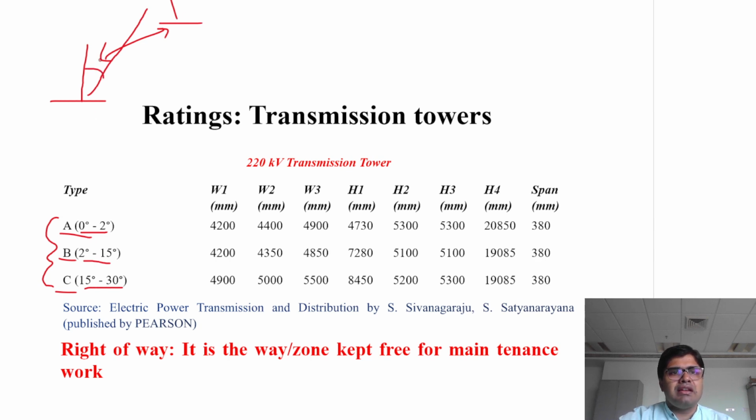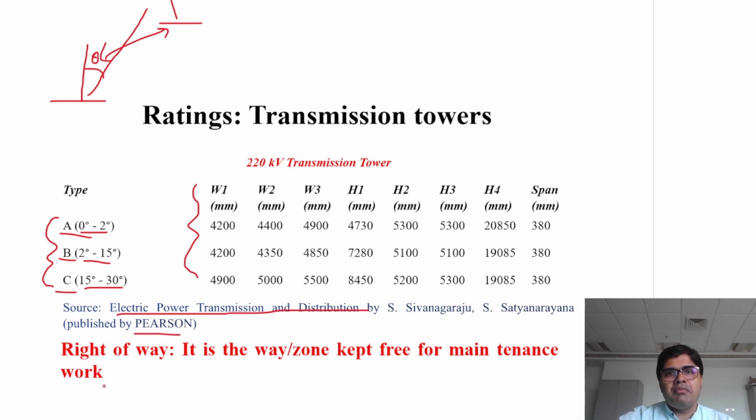So this angle, this theta, is called the angle of deviation. If it is 0 to 2 degrees, then it is called a type A tower. If it is a 2 degree to 15 degree deviation, it is called a B type tower, and 15 to 30 degree deviation, it is called a C type tower. We have certain specifications available. This information has been used from the book Electrical Power Transmission and Distribution by these two authors, published by Pearson.